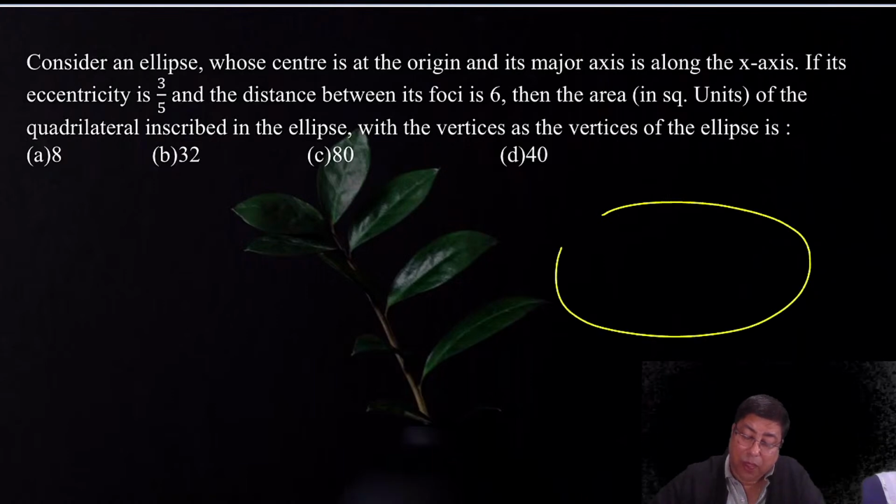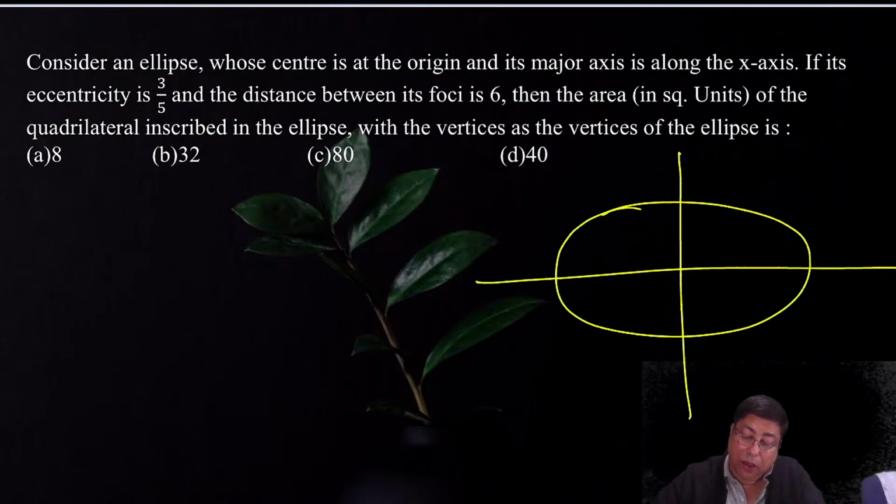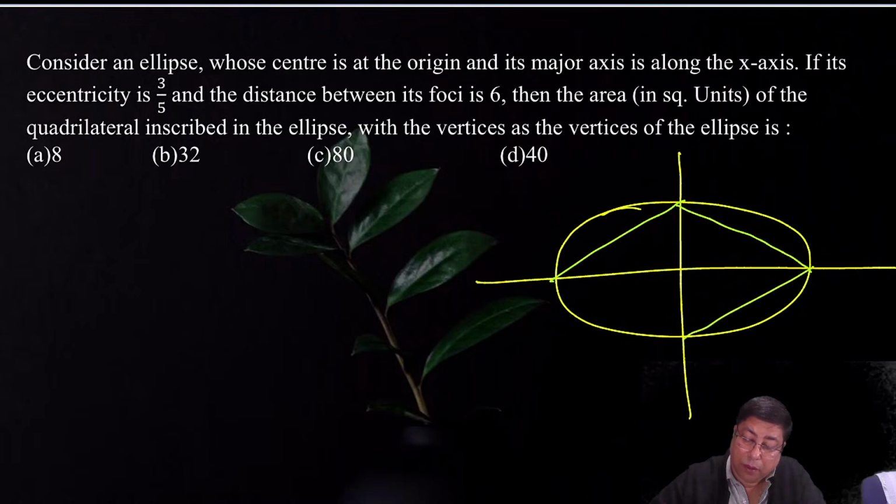It means if we draw the ellipse and we can calculate the area of the quadrilateral.